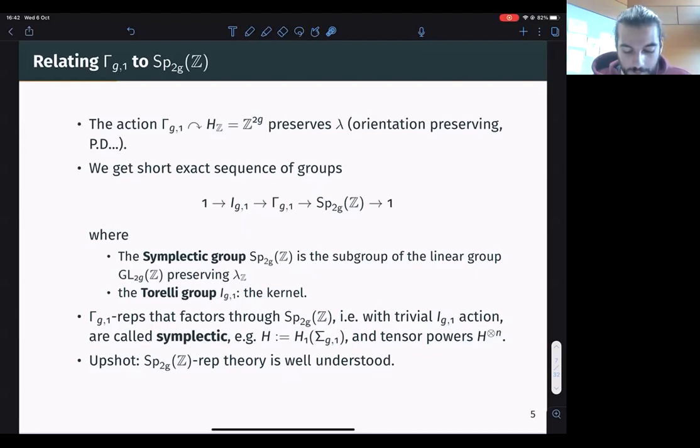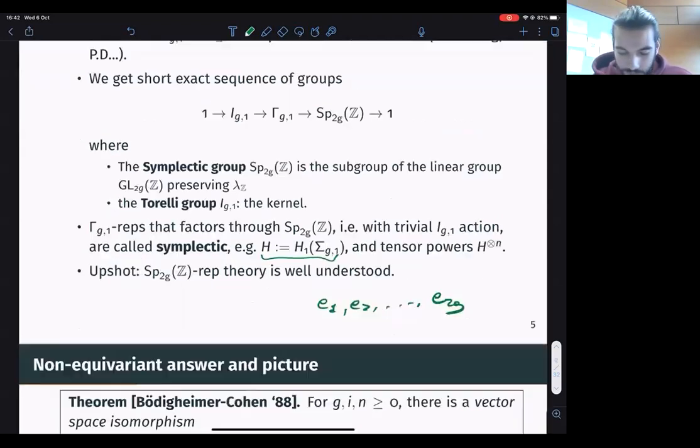Maybe I will be coming back in the end. But whenever we see something like a basis of the form e_1, e_2, up to e_{2g}, there is an obvious way for Γ_{g,1} to act on this in the symplectic way, which is to view this as the basis of H.